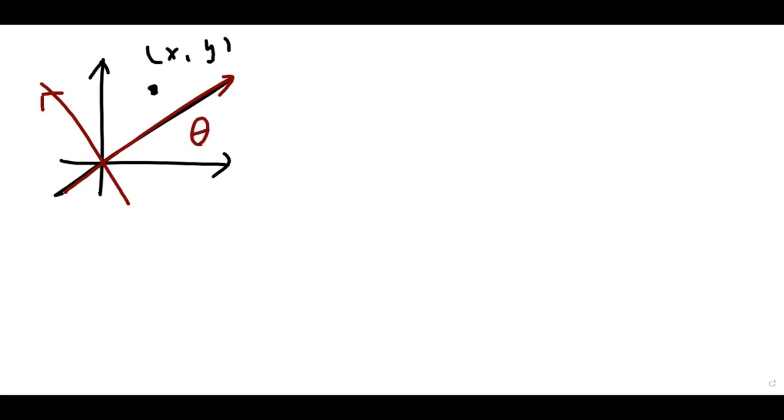Let me call the coordinates x equals r cosine phi, y equals r sine phi. So now your object does not move, your coordinate frame moves by an angle of theta, and your original angle is phi.